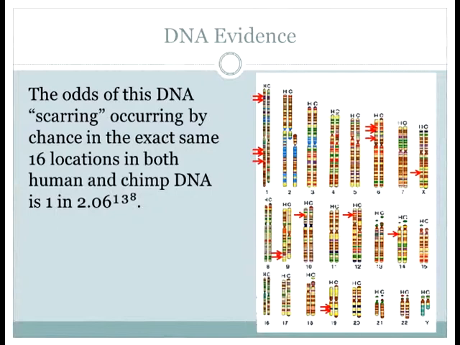It's basically a number that means that it's impossible. There's no way that this randomly occurred by chance, that these ERVs just happened to wind up in the exact same spots in both human and chimpanzee DNA randomly by accident.